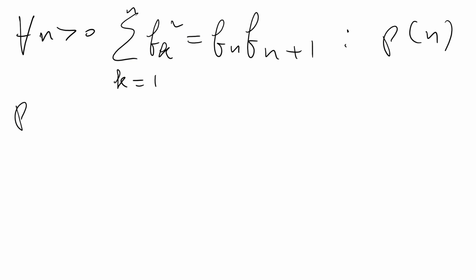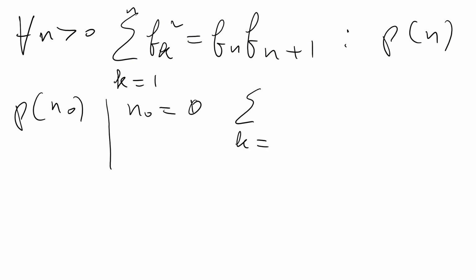So for P of n0, what is the base case? n0 is 0, but the summation of k, we cannot get 0, we have to start at 1, because it's strictly greater than 0, so n1 is going to be 1.